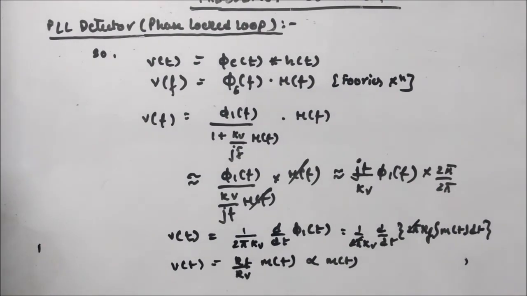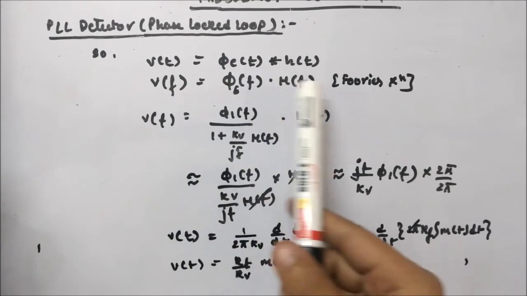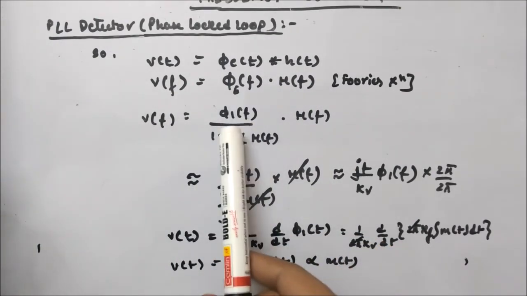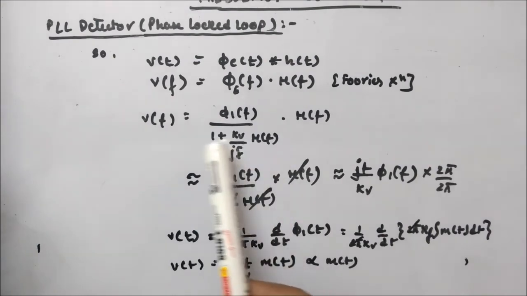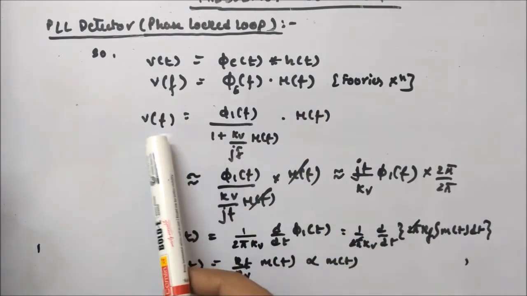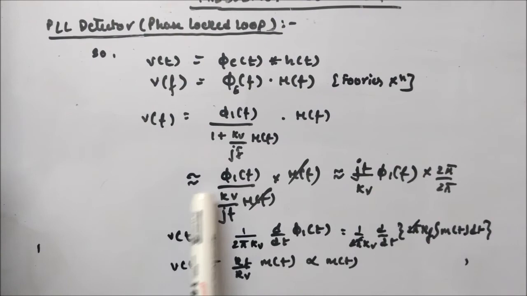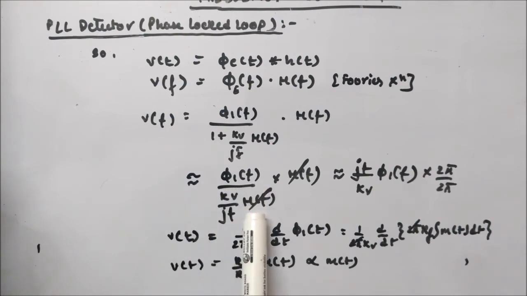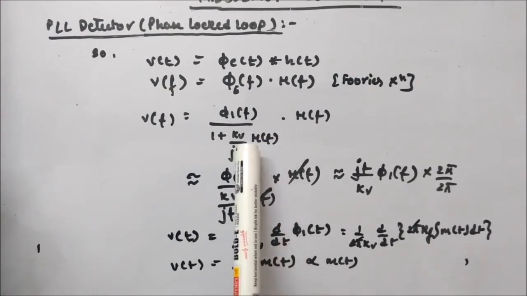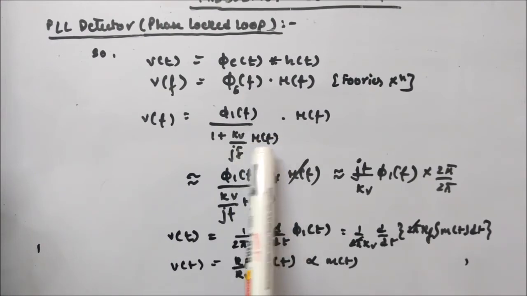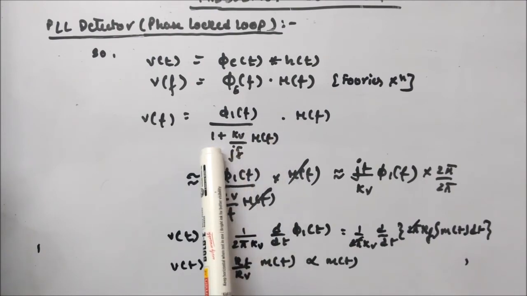Now let's put the value of phi e(f) in the equation. We had phi e(f) equal to phi 1(f) divided by 1 plus kV divided by jf times H(f), and this is your V(f). Now this will be approximately equal to phi 1(f) divided by kV divided by jf times H(f), because H(f) is now very high, so kV divided by jf times H(f) will be way higher than 1.